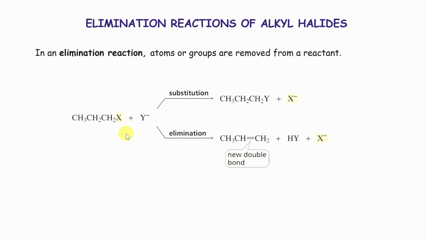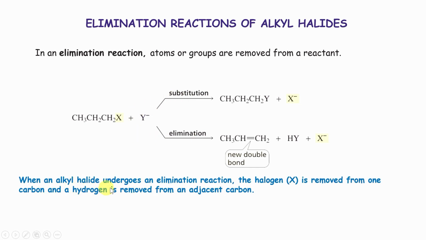In substitution reaction, certain atoms or groups are substituted within the molecule without eliminating a group or atom. But in elimination, groups or atoms are eliminated or removed from the reactant. That is the difference between substitution and elimination reaction. Usually alkyl halides give both substitution reactions and elimination reactions.